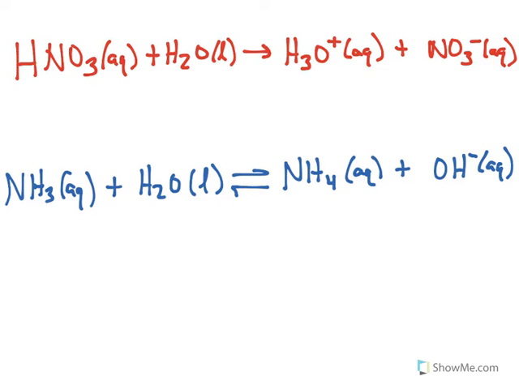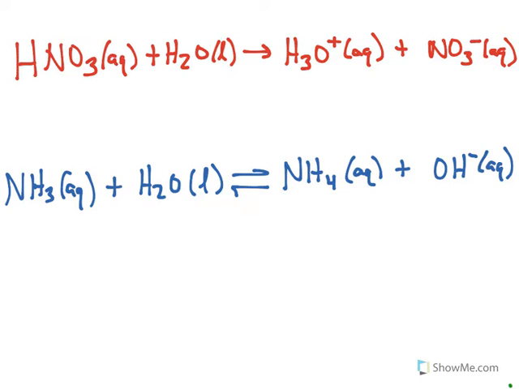So let's look at two equations. Here we have an equation up top in red. We have HNO3 reacting with water to make an ion here and another ion here. We'll address those ions in a moment.